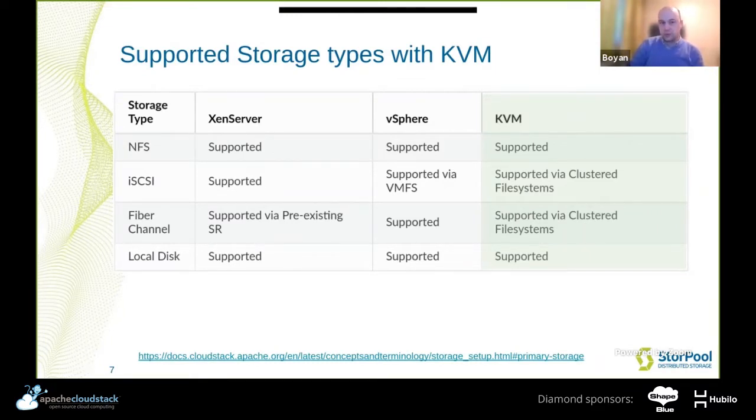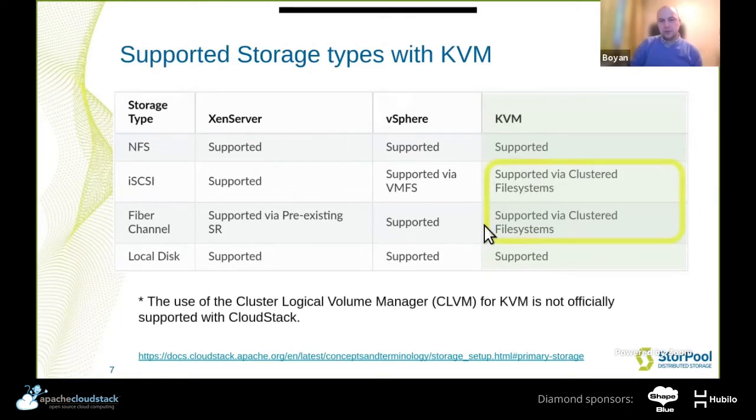For example, with XenServer, if you have a nice iSCSI SAN, XenServer uses something called clustered LVM to give you the ability to have multiple virtual machine disks on a single LUN in the SAN. While in the KVM environment, it's supported, but it needs something called a clustered file system. And that's a big obstacle to clouds using iSCSI storage with KVM, for example.